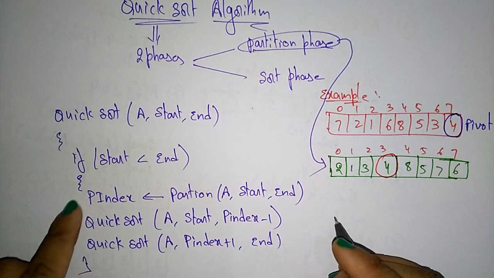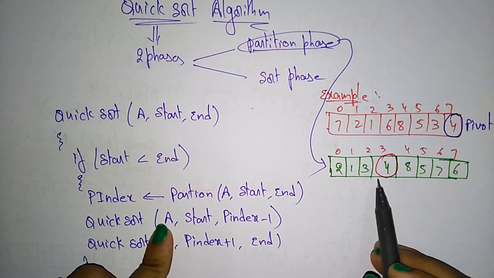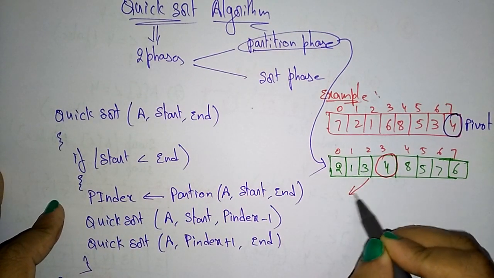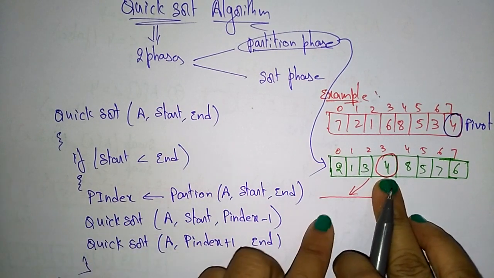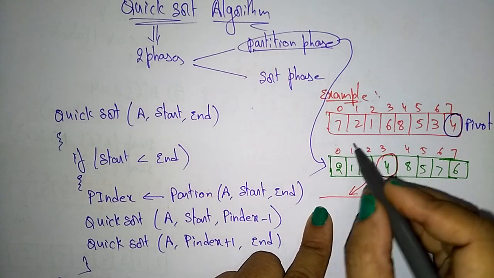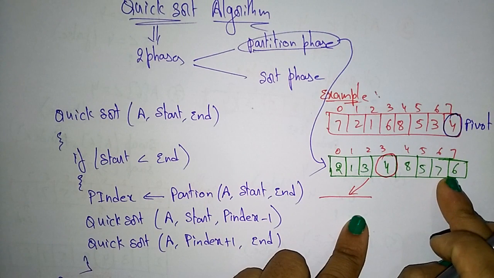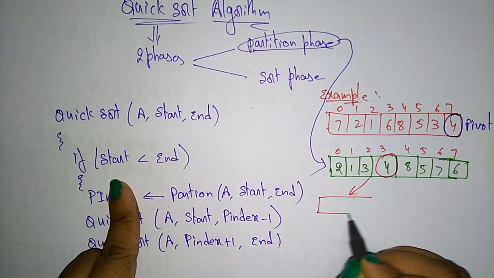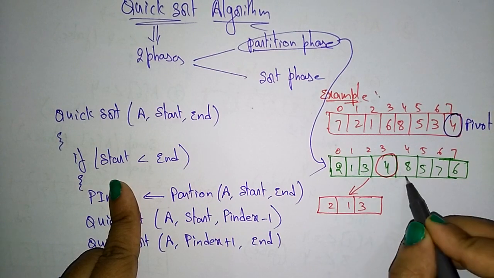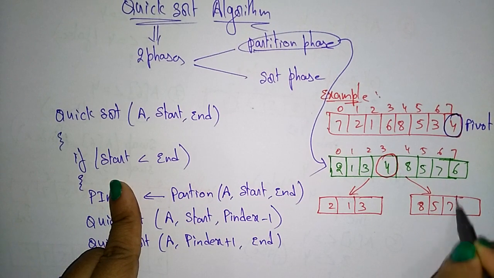First, if start is less than end, we partition it. Did you observe that the elements on the left side of the pivot element are less than the pivot value, and the right side elements are greater than the pivot value. So just divide it, by using the divide and conquer method. 2, 1, 3, and this is 8, 5, 7, 6.